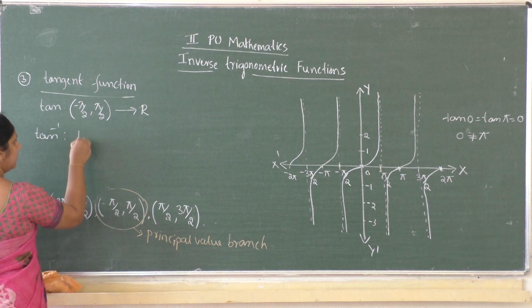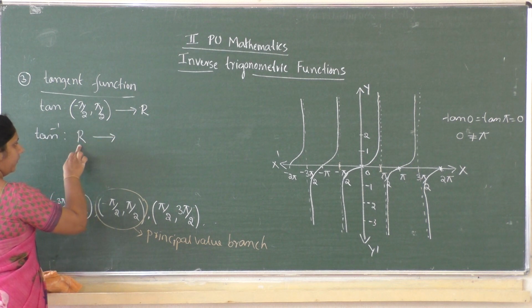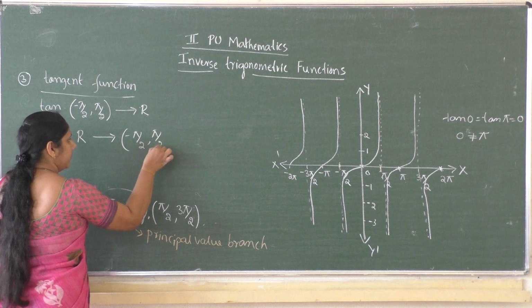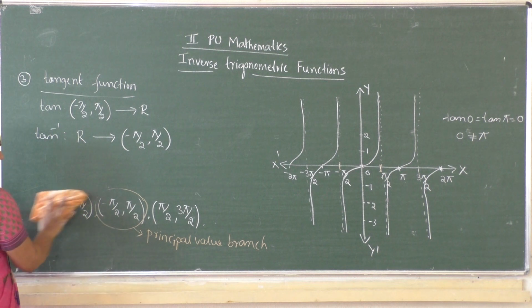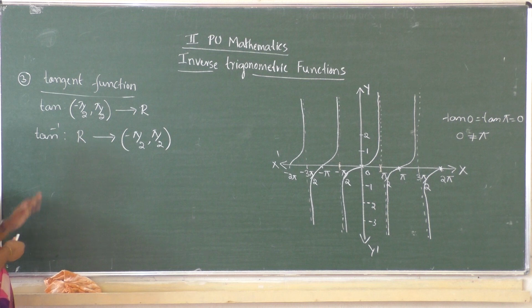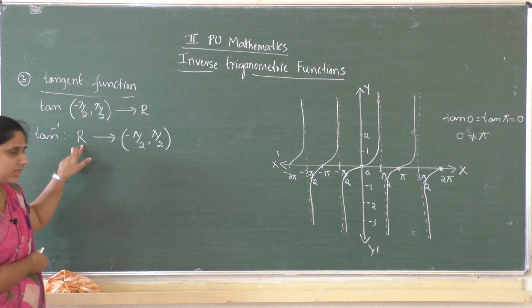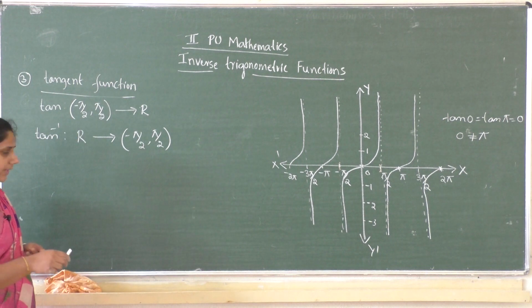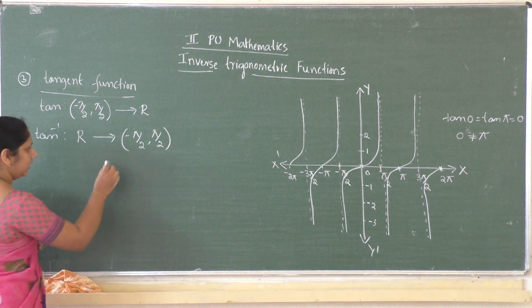So what is tan inverse? It is a function from R to open interval minus pi by 2 to plus pi by 2. So this is the definition, whose domain is R and range is open interval minus pi by 2 to plus pi by 2.